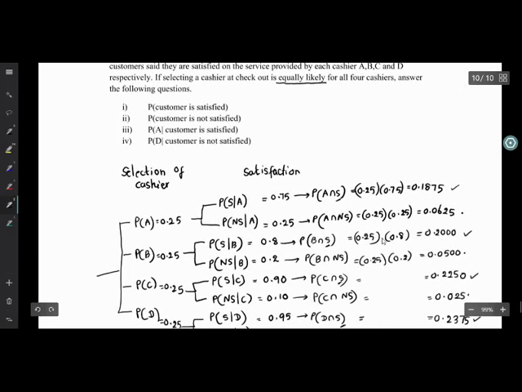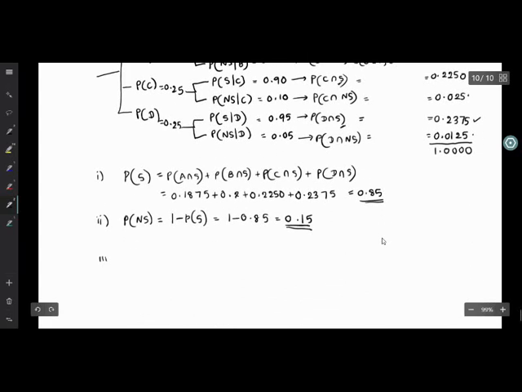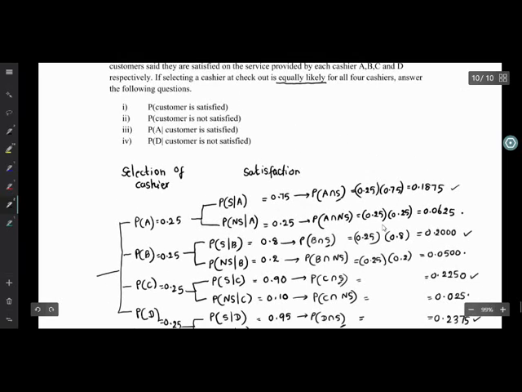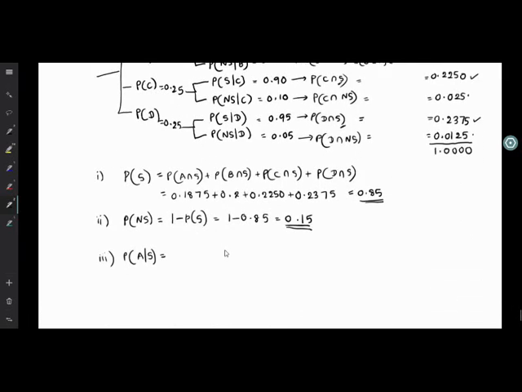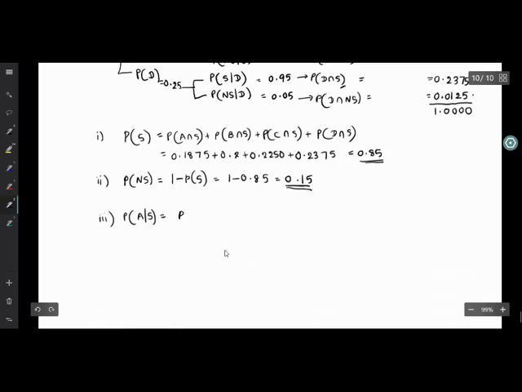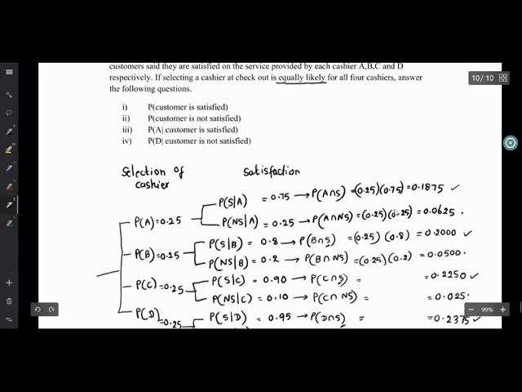Then we have to find the probability of A given the customer is satisfied. Part 3: probability A given customer is satisfied. So what is that probability? That is the probability that the service was taken by A knowing that the customer is satisfied. If we apply the conditional probability, this is the probability of A and S divided by probability of S. The probability of A and S, you see it here in the very first line.